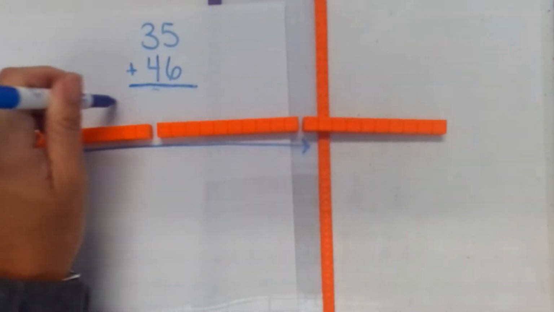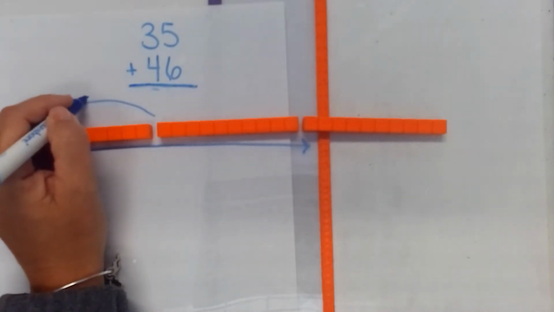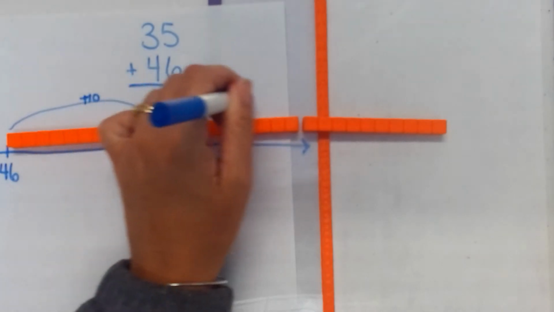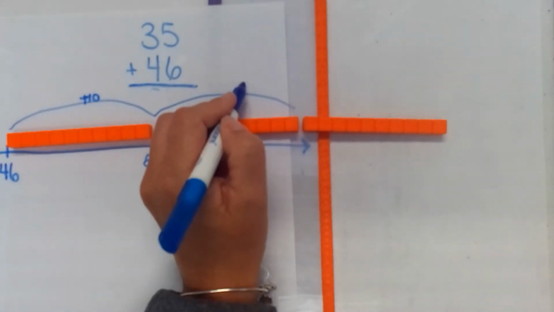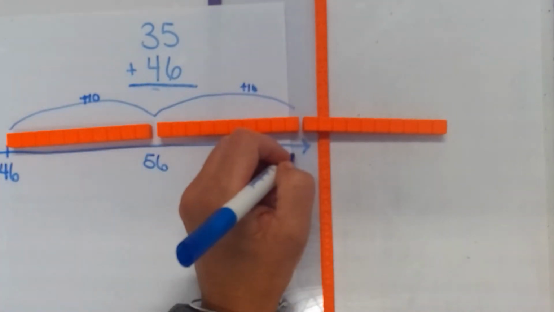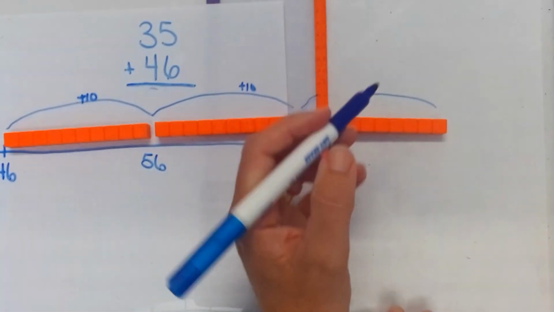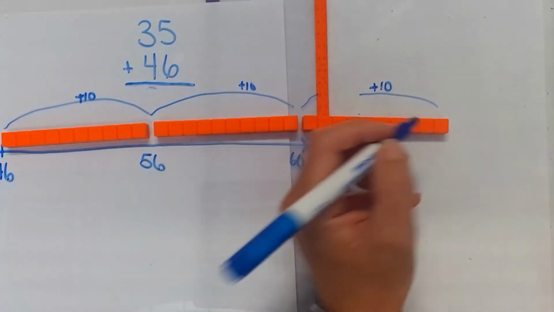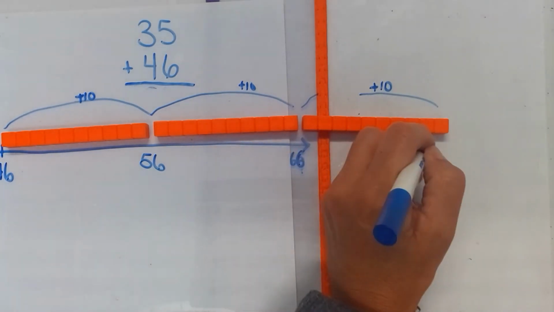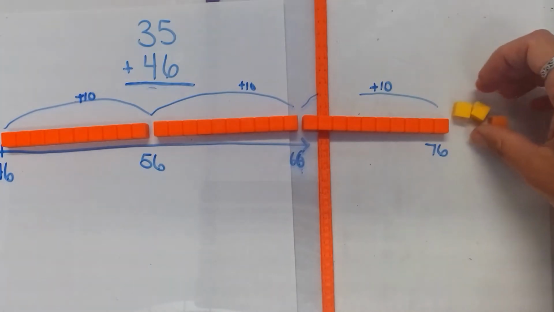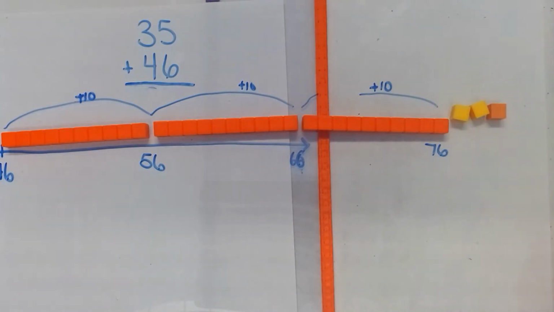So here's a 10, so 46 plus 10 would be 56, plus another 10 would be 66, plus another 10, 66 would be 76, and then we're going to add 1, 2, 3, 4, 5.